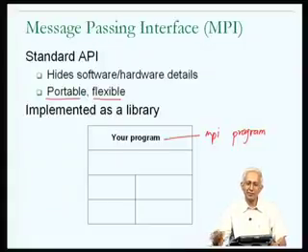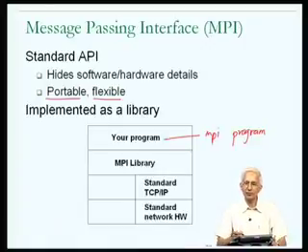So as far as your program is concerned, your program is the topmost box over here. Your program is written to use the MPI library. Now, again, depending on what system you are running your program on, the MPI library may make use of some standard networking functionalities, such as TCP/IP functionalities, and it could be making assumptions about some standard network hardware.